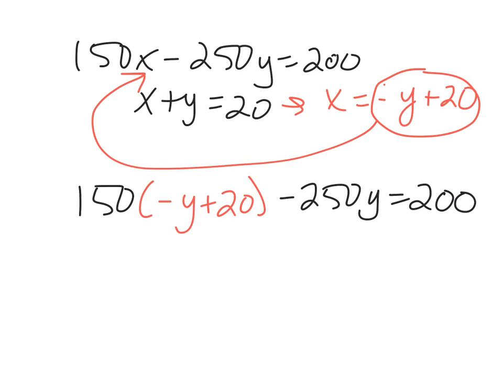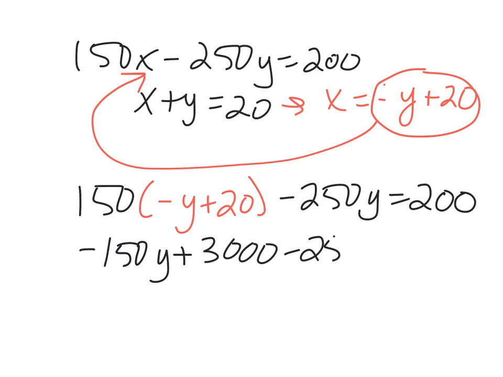All right, so 150 times negative y is negative 150y. 150 times 20 is 3,000. Minus 250y equals 200.